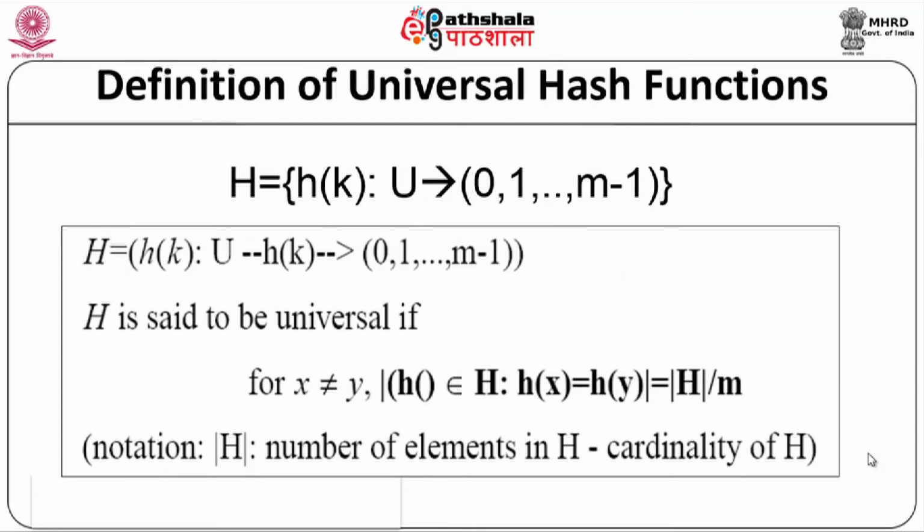Okay. So, the definition of the universal hash function is given like this, where h of k you want to map to 0 to m minus 1. Given a set, you have to choose the one that will give you this. |H| is the number of elements in H, that is the cardinality of H. So, H is the set of h of k, mapping the universal key set to the hash values.